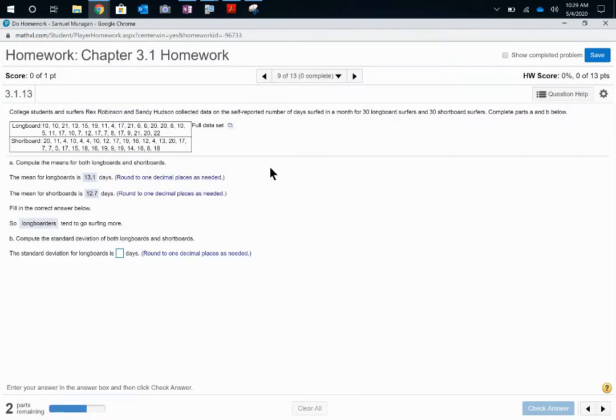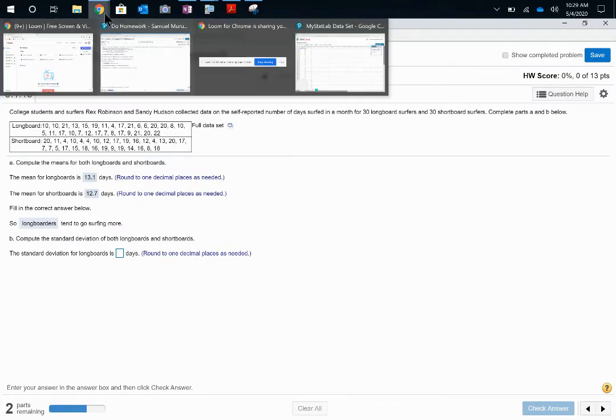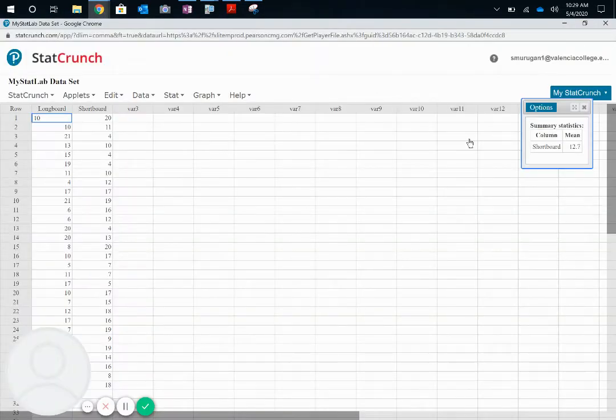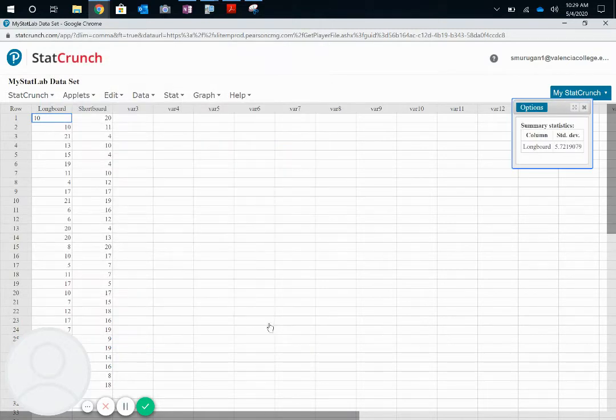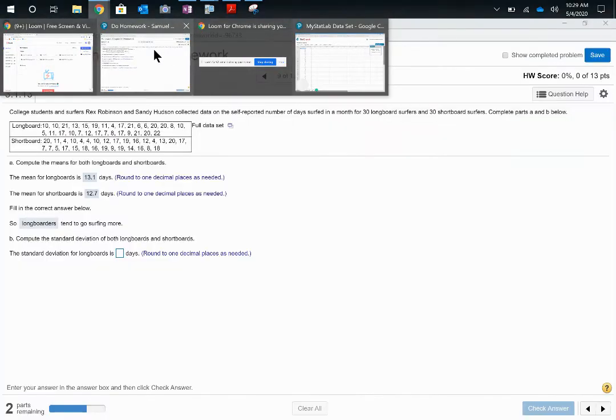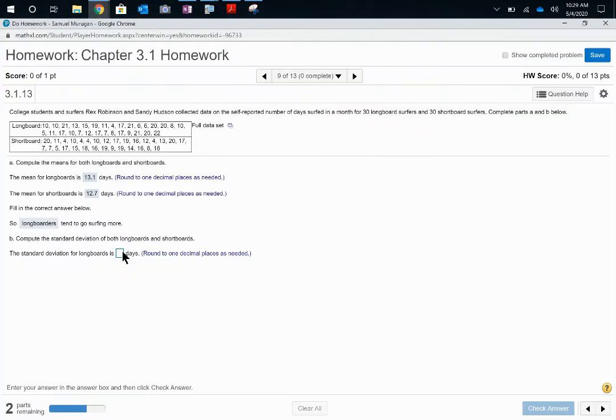All right, now they want us to compute the standard deviation, so we go back to our program, options, edit, and we press standard deviation instead for longboarders, compute, and we see that it's 5.7219. I think they want this to one decimal place. Yeah, one decimal.